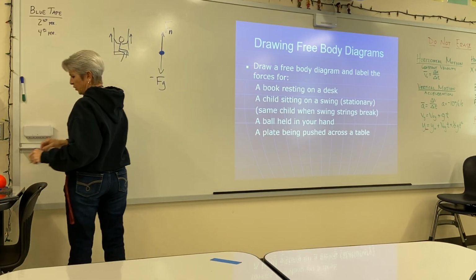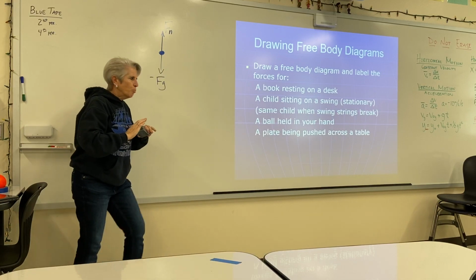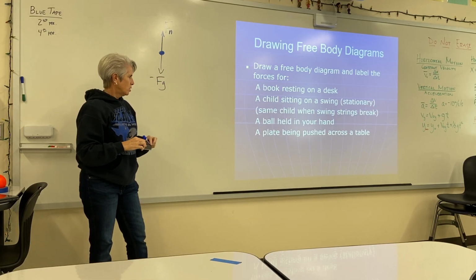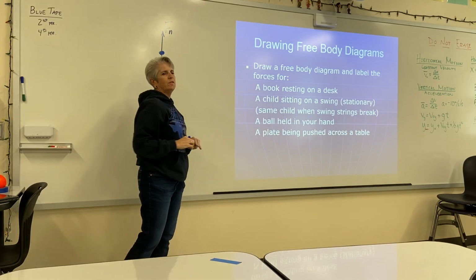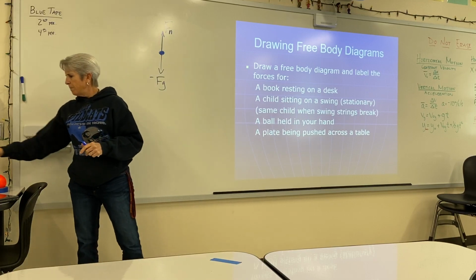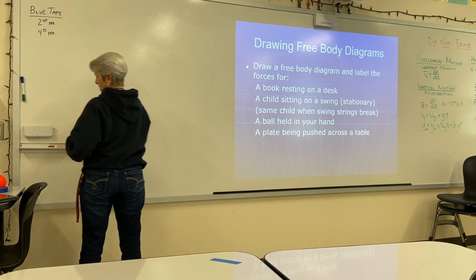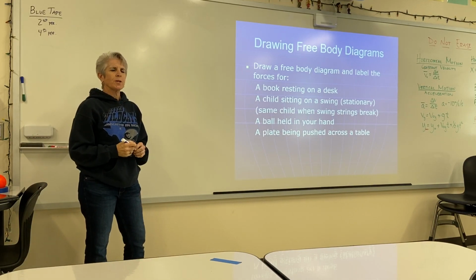And yet, what if you took something and you wanted to push it across a table? How would we draw a free body diagram for a plate being pushed across a table? Well, this is where it gets a little tricky. We might need a little more information.